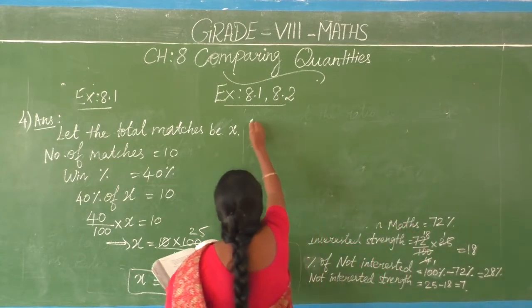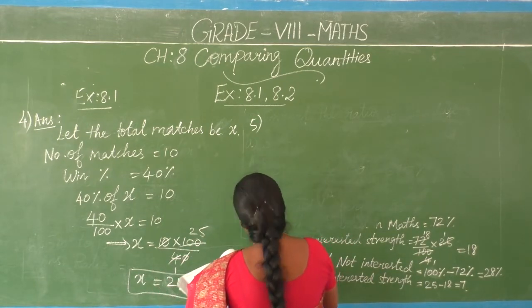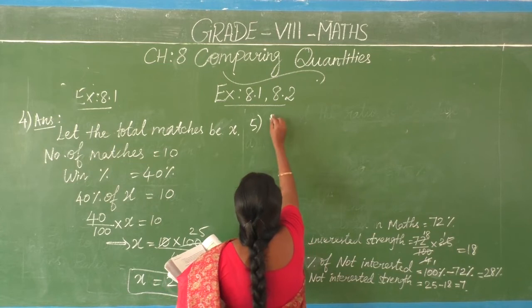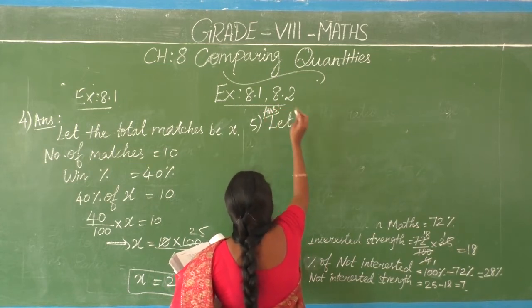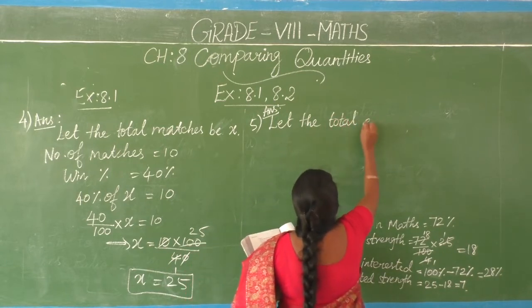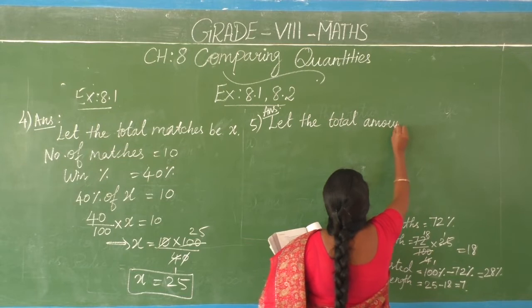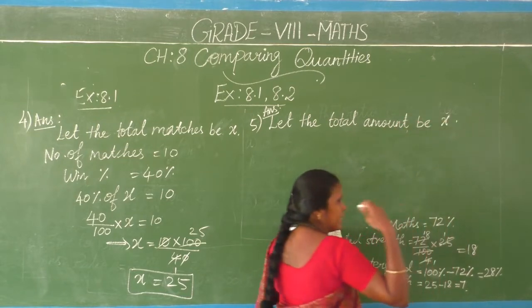See, fifth question. Total amount we don't know. So let the total amount be X. We don't know what she had in the beginning.